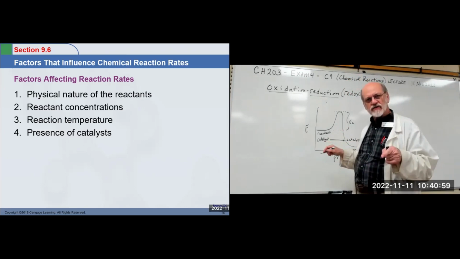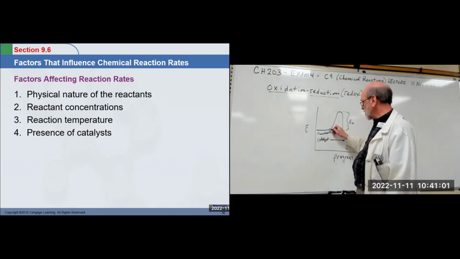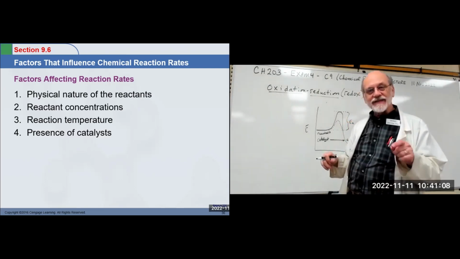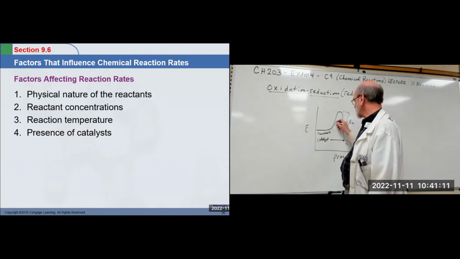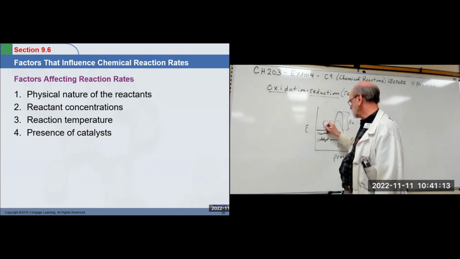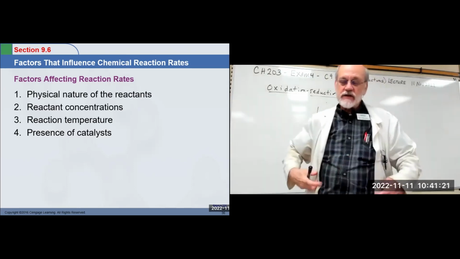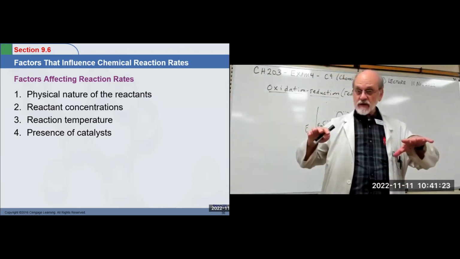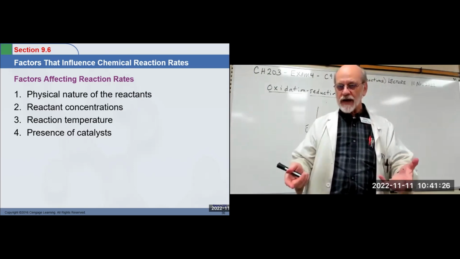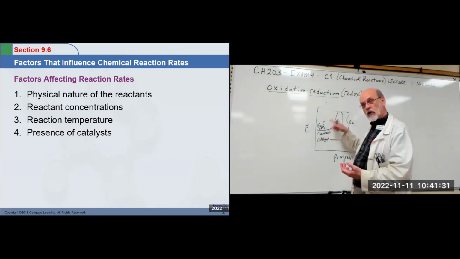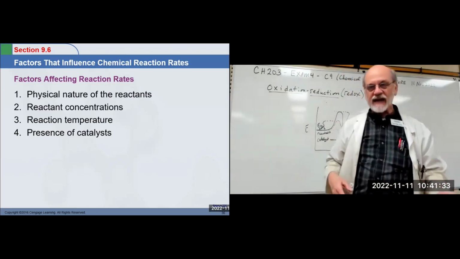How does it speed up the reaction? The catalyst reduces the activation energy. So the activation energy here with a catalyst, okay? Reduce the activation energy. That means at a given temperature, now you have more reactants with sufficient energy to meet that obstacle and get over it. That's what catalysts do.